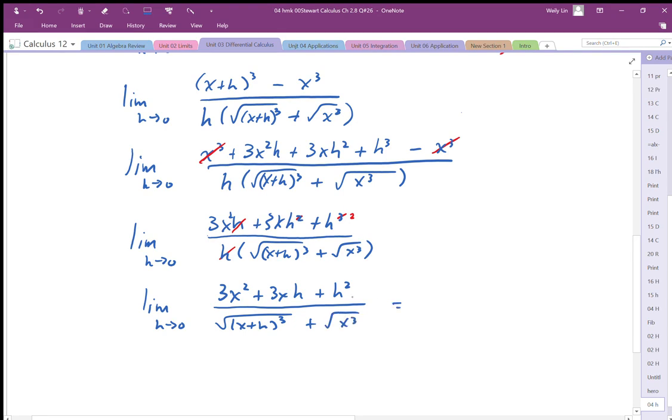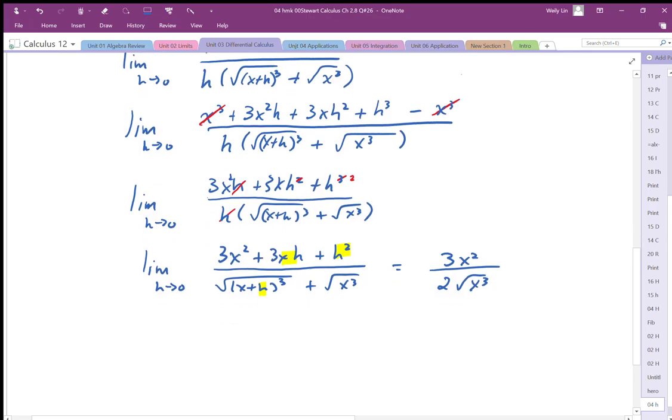When I substitute in 0, I end up with 0 terms here, here, and here, and what's left over is 3x squared over the square root of x cubed plus the square root of x cubed, or 2 square root of x cubed.